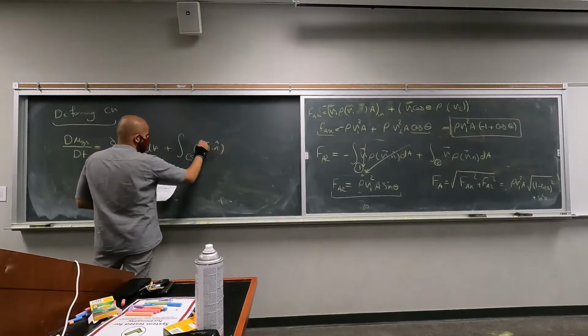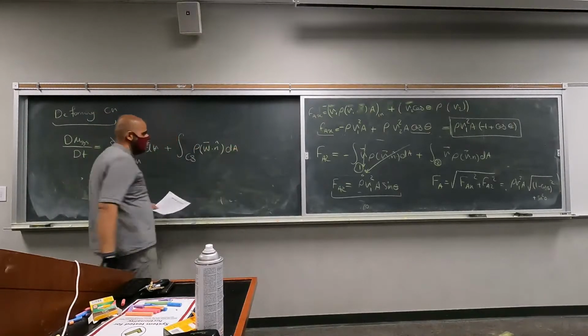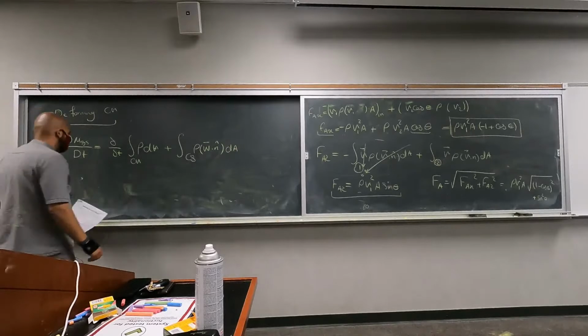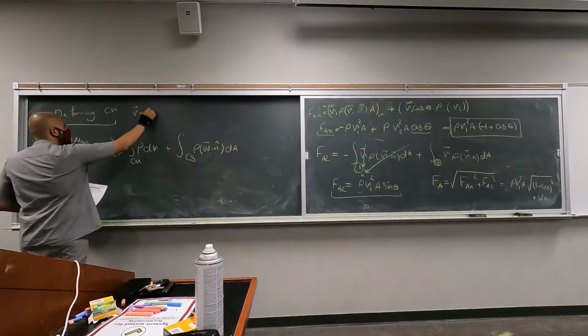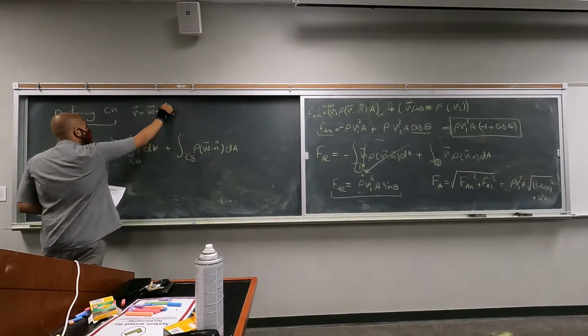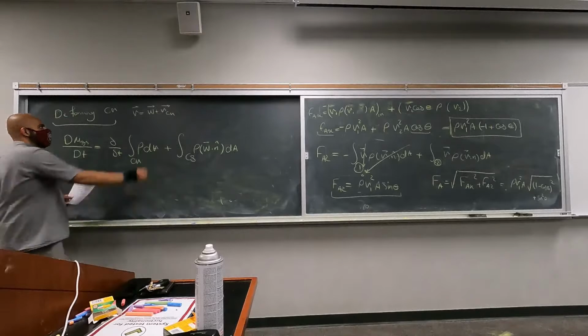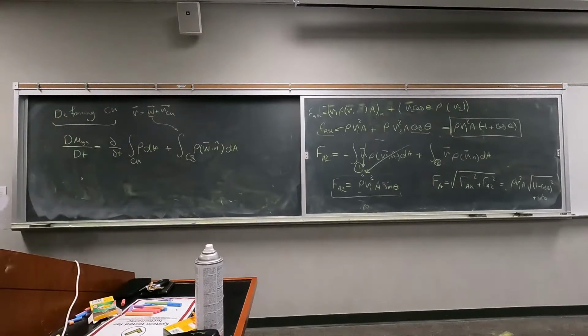Since the control volume is moving, if you recall from the previous lecture, the velocity of the fluid is going to be equal to W plus the velocity of the control volume. And this is the velocity we are going to use in this equation.